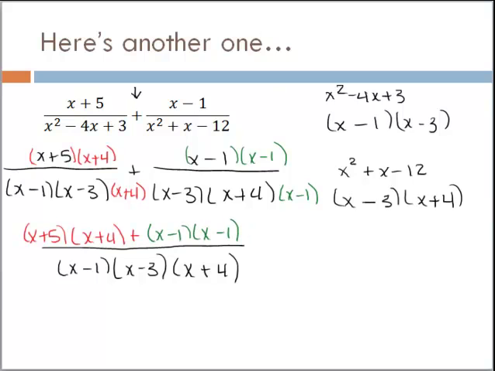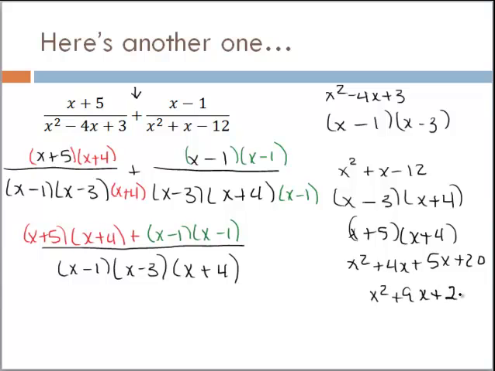Okay. Now we're going to have to simplify that numerator. x plus 5 times x plus 4 is x squared plus 4x plus 5x plus 20, or x squared plus 9x plus 20.